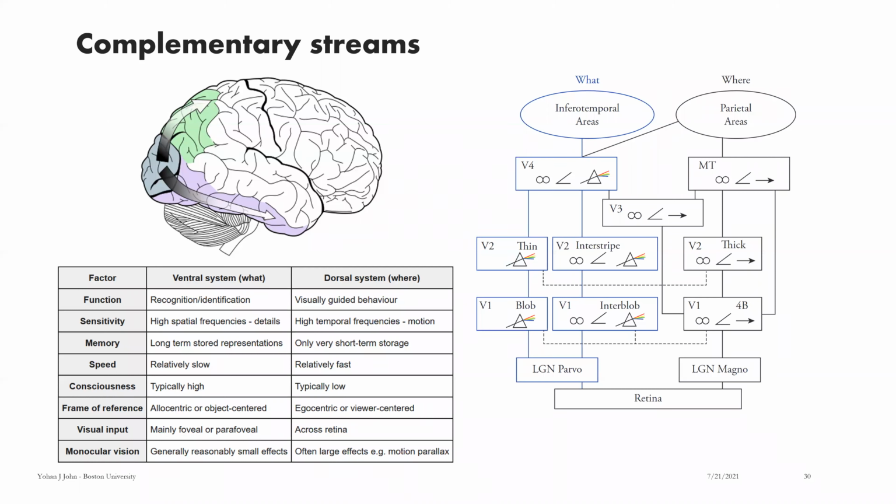So V4 has very precise positional information about where an edge is, but has very bad information about whether it's moving and, if it's moving, in what direction. Where area MT has very good information about whether an edge is moving and in what direction it's moving, but very poor positional information.